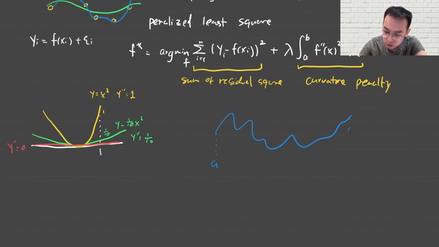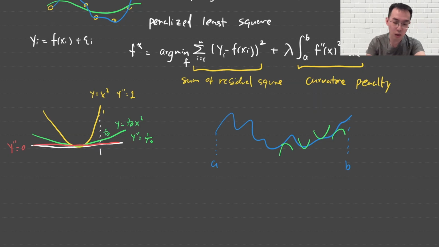Let's say that I start at A and end at B. We are approximating this function with a bunch of local quadratic functions, and then summing over each point to see how much curvature there is in this entire blue curve. Intuitively, the more turning this curve has, the larger the curvature penalty is going to be.